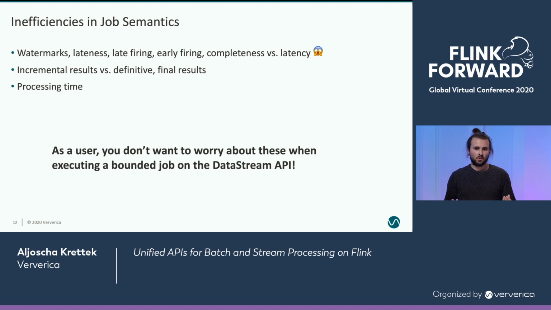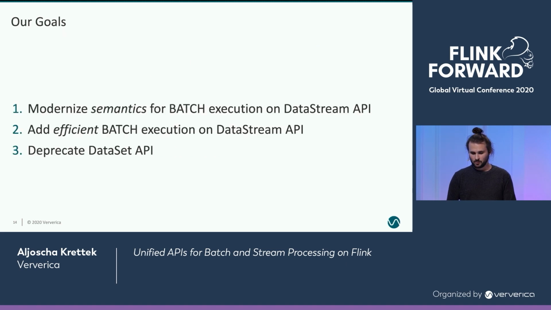But if you want to use the DataStream API for a bounded job, that's not something you should have to worry about. So with this bit of background knowledge, let me quickly restate our goals. What we want to do is modernize the semantics of the DataStream API to potentially make sense also for batch execution for bounded programs.